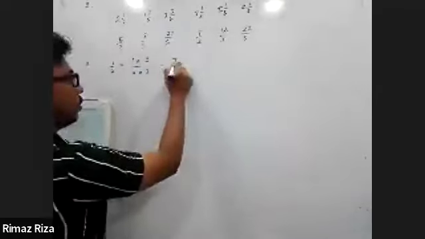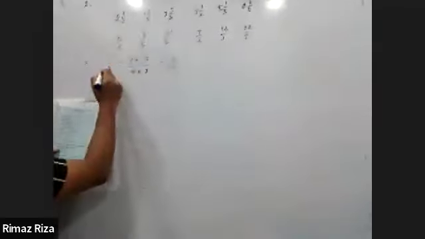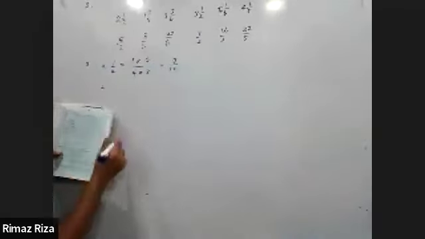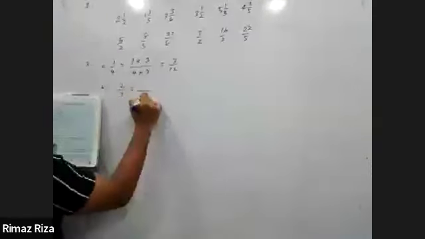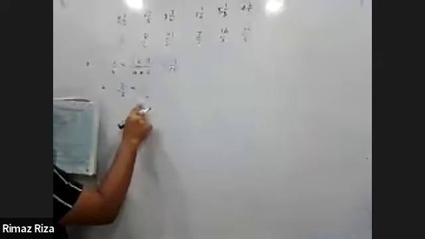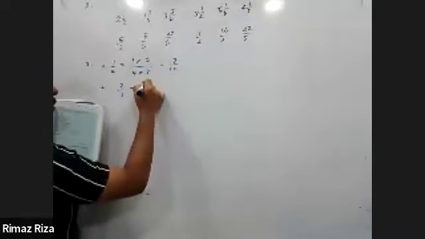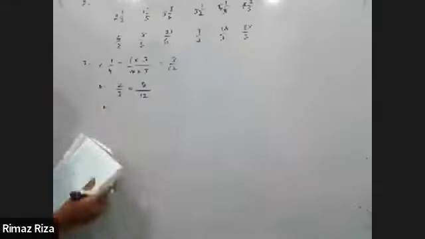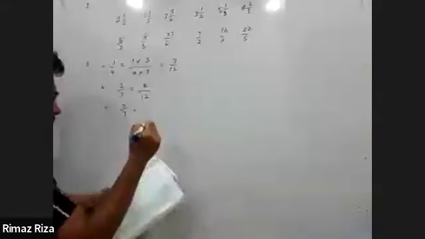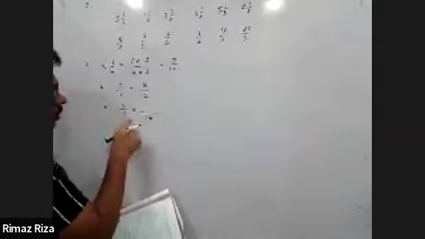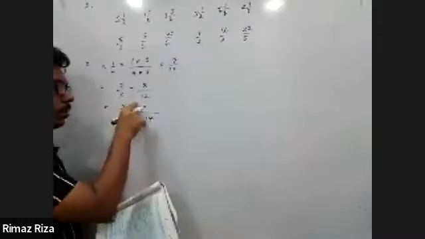So then we get 3 over 12. B, we have 2 over 3. Here it's 12, which means 3 is multiplied by 4. That means the numerator is also multiplied by 4. C, 2 over 7. And here in the denominator we have 14. 7 multiplied by 2. Therefore, this one multiplied by 2.